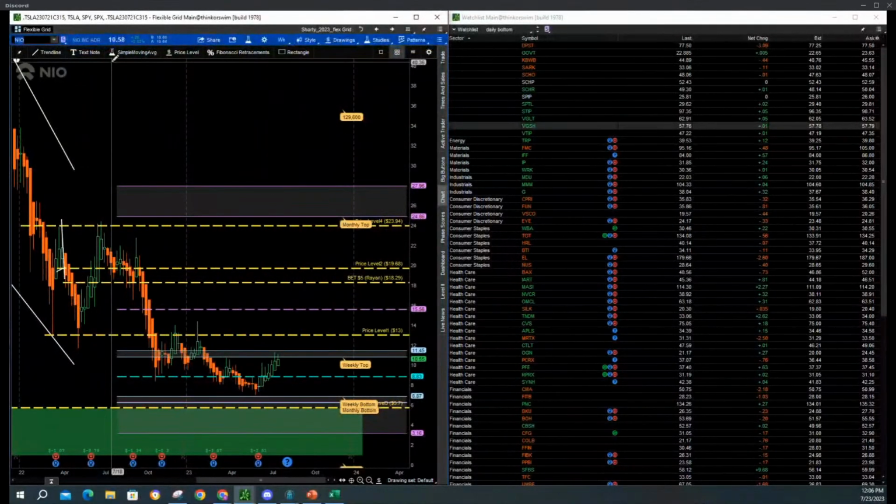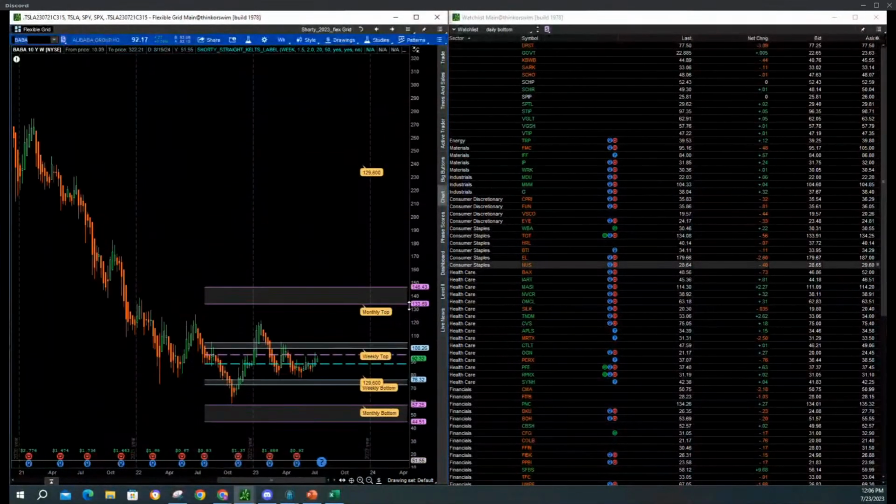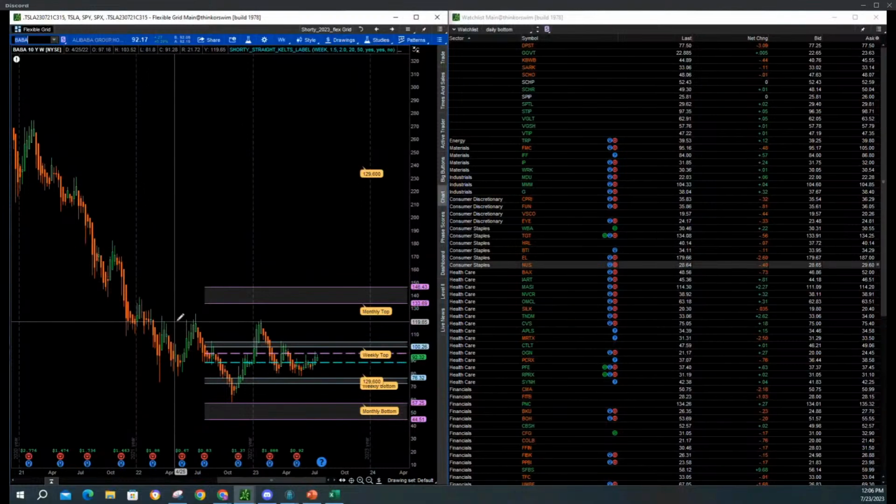Their books are different. They're not on GAAP standards for reporting of financials and stuff like that. So I'm not really into financial companies like Baba, right? We called out Baba a few times. If you guys remember, I shorted Baba.